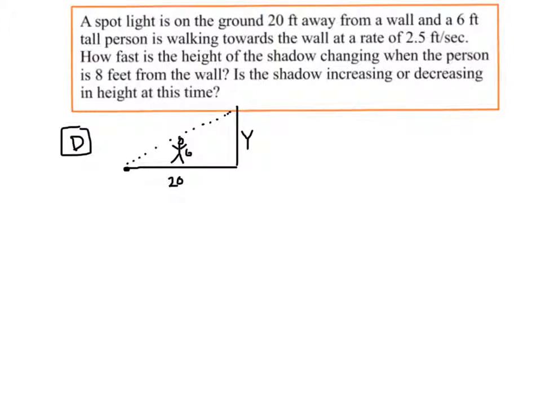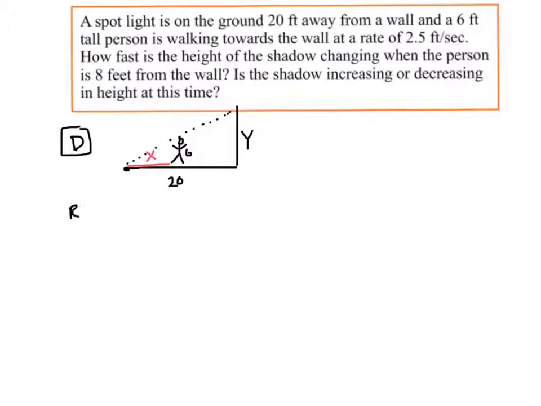Okay, so we know this rate as well. Now, let me do a little bit of naming here. Let me start by just saying that red piece is x. Now, in shadow problems like this, the equations are typically similar triangles, and we'll see if that works out.